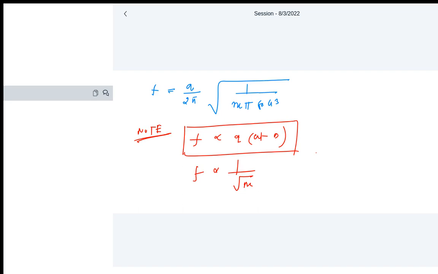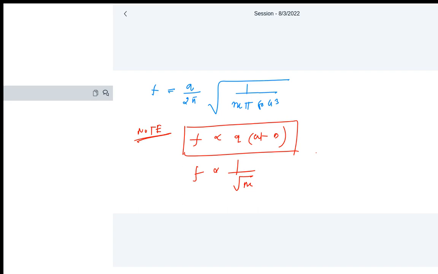Here m is the mass of the charge q, which is located at d. So if we increase the mass of this charge, then frequency decreases. If we increase the charge of this charge, then frequency increases. So these two mathematical concepts are very important.